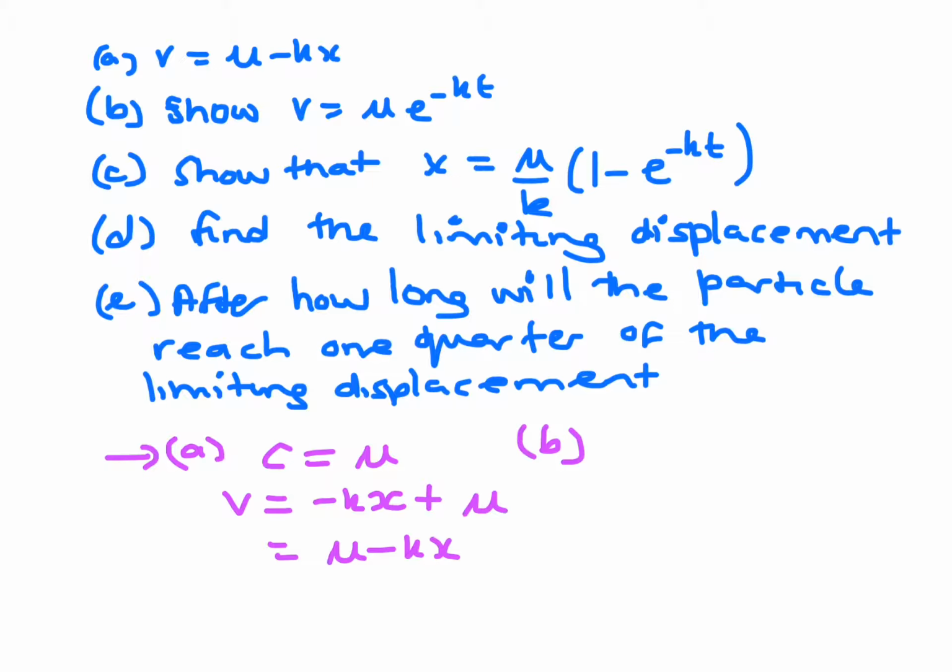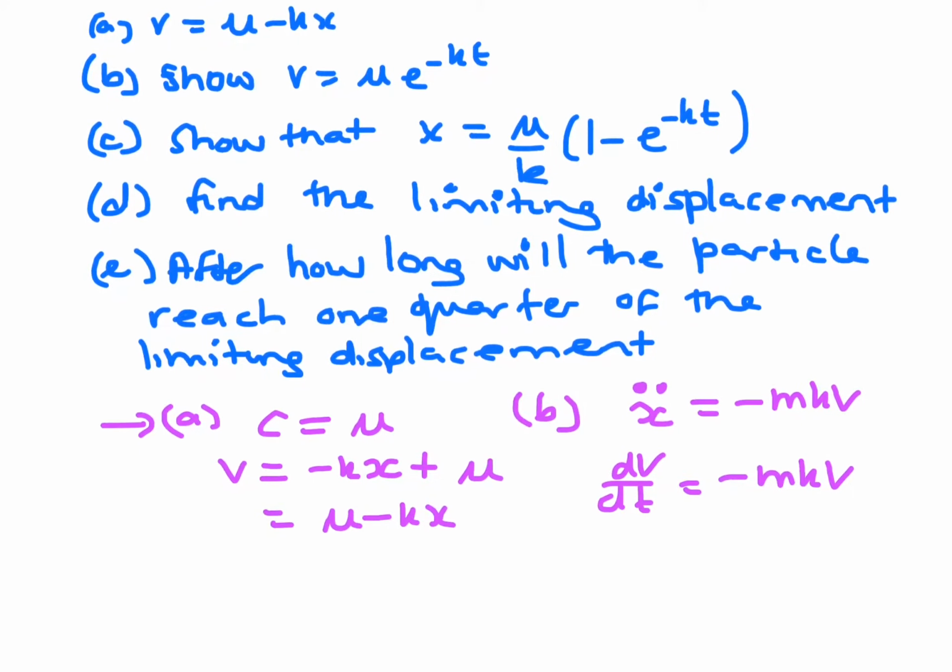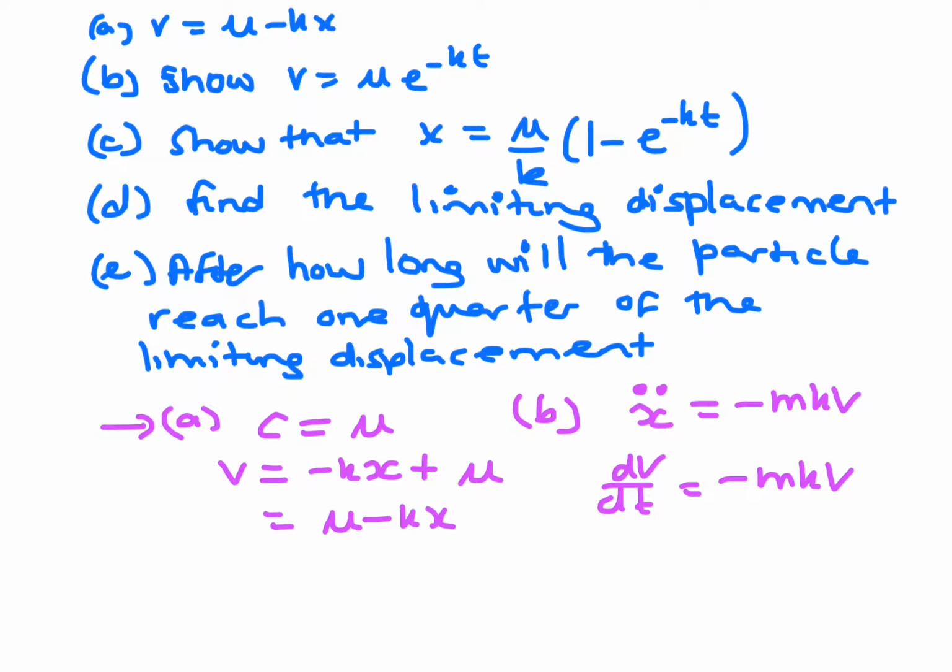Okay, part B, if you want to get v in terms of t, so acceleration equals minus kv. You need to put it as dv on dt to get it in terms of t. And then when you split this, you get 1 over v dv equals minus k dt.